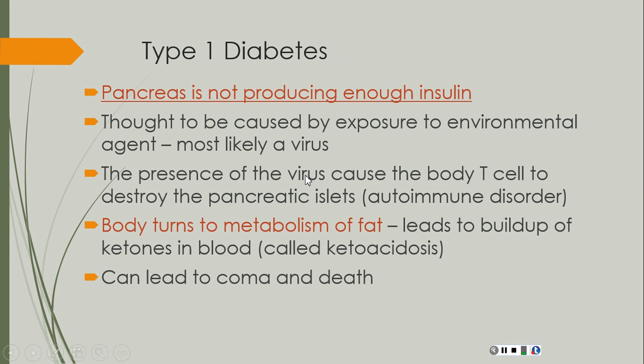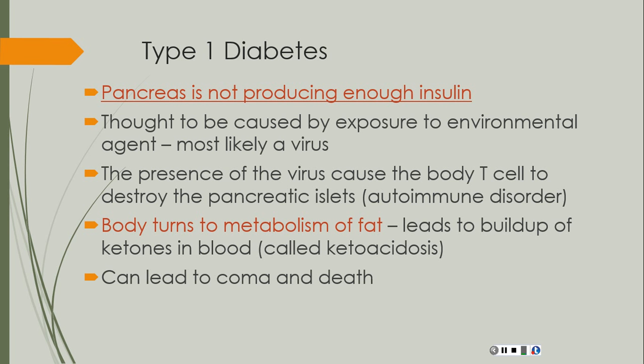So type 1, what goes on there? Well, here the pancreas is not producing insulin, or it's not producing enough insulin. And type 1 is thought to be, it's still being researched, but it's believed that it might have an autoimmune disorder component to it. They think that it might be an exposure to an environmental agent such as a virus.